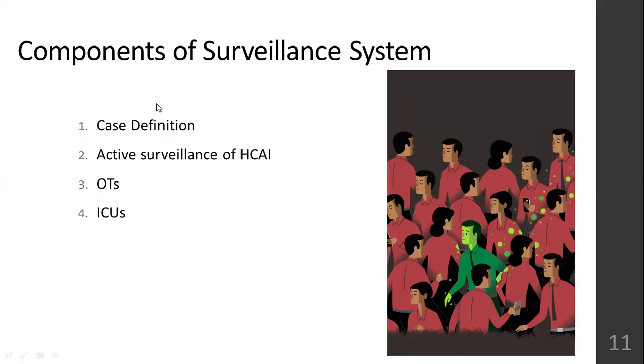Then OTs, operation theaters. Routine fogging is not recommended usually, but when an OT has taken a septic case or an infected case, after the case is done, fogging or fumigation can be done. It can be done on the basis of reports or the clinical procedures carried out.